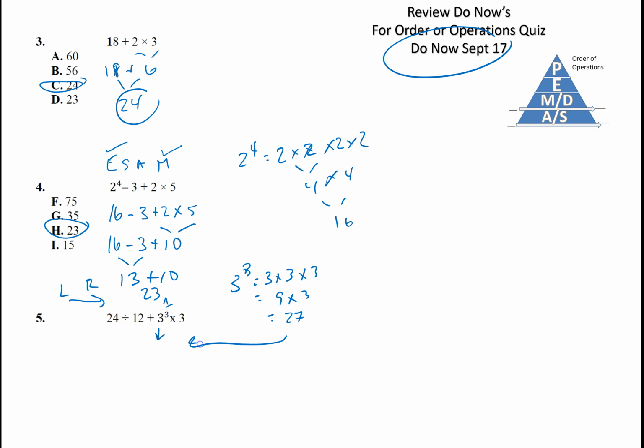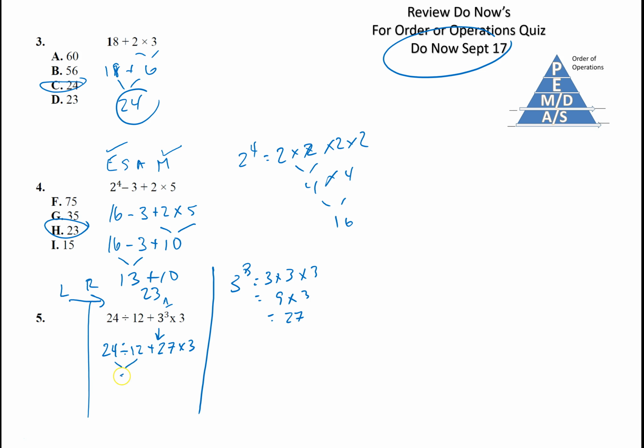Notice I don't write this over here. I always write my work on the side. I don't want anything in here but the answer. So I didn't divide anything yet. All I did was my exponents. I didn't add anything, and I didn't multiply.